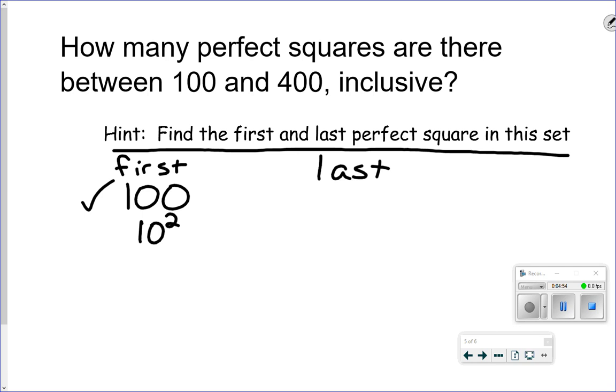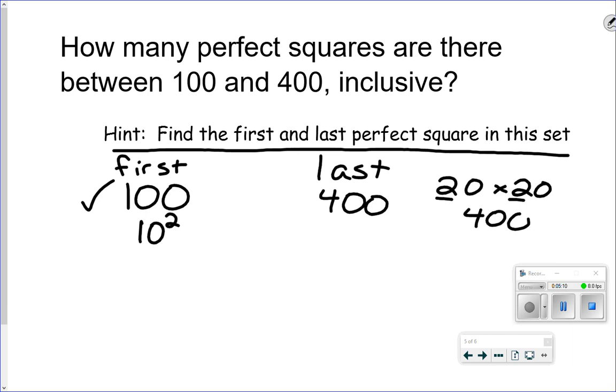You should know that 400 is a perfect square because 20 times 20 gives us 400. When you're multiplying multiples of 10, you can just multiply the 2's together and then tack on the 2 extra zeros. So 20 times 20 is 400. That actually makes things a little bit easier. And we get 400 by doing 20 squared.